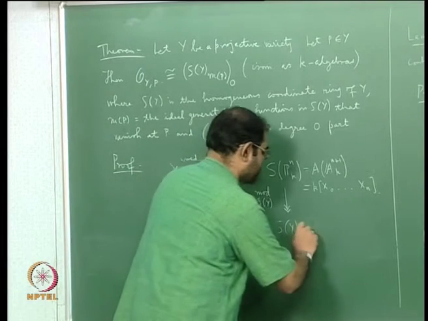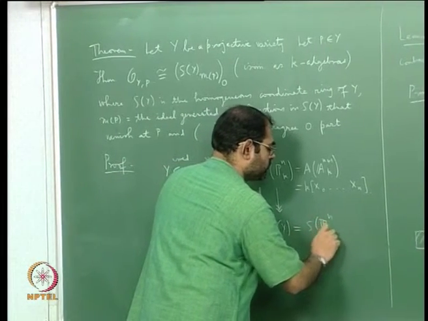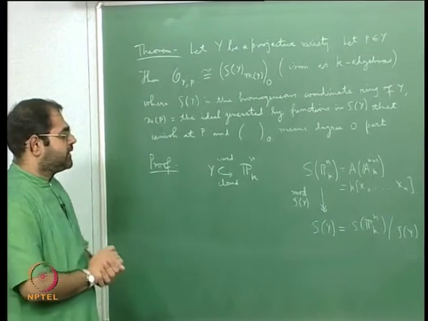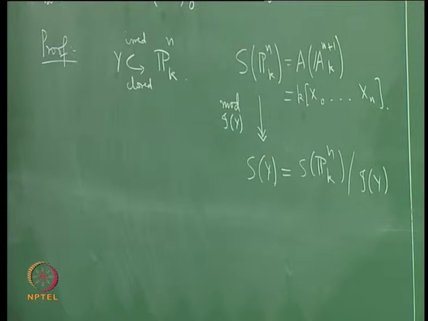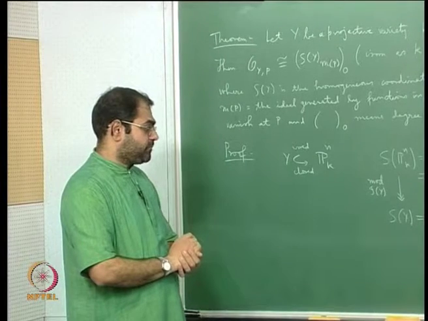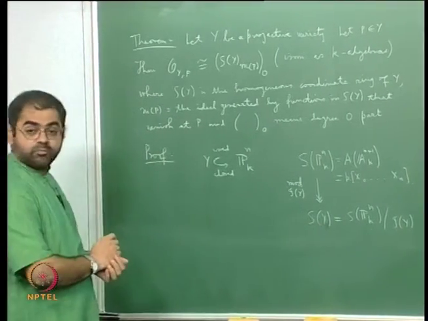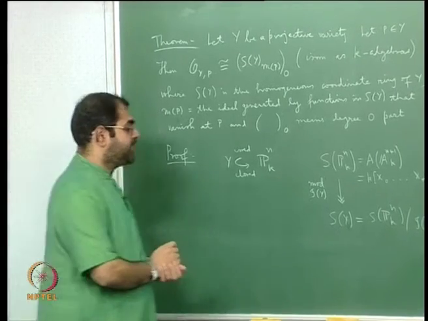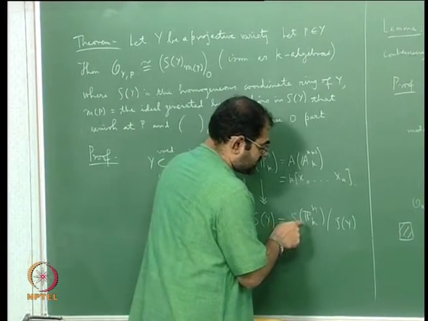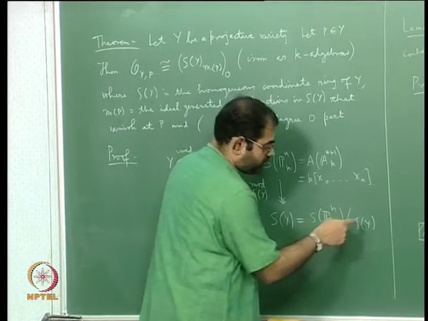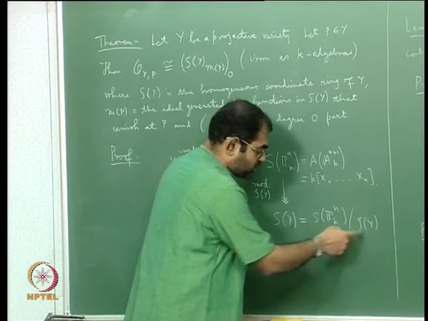So S_Y is just S(P^n) mod I_Y. I_Y is just the ideal generated by all those homogeneous polynomials which vanish on Y. It is a homogeneous ideal because it is generated by homogeneous elements, and therefore this quotient, because you are taking a graded ring and going modulo a homogeneous ideal, also becomes a graded ring.